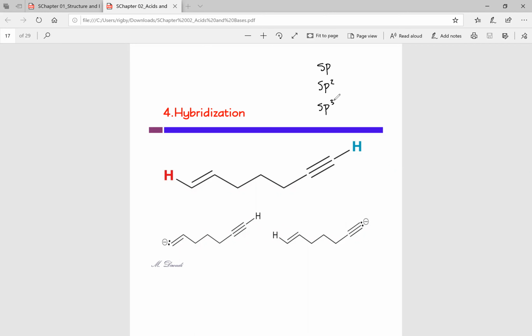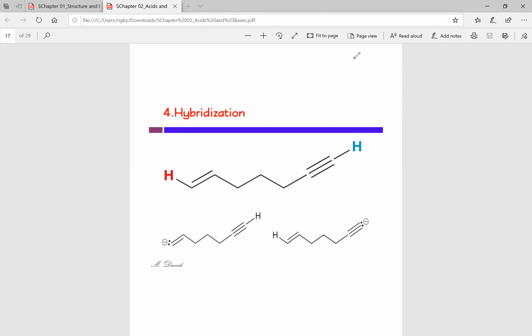And so if we're looking at how much S character there is, we can see that in this first one, sp, we have 1 S over 2 letters total, S and P, which is about 50% S. We can see for sp2, we have 1 S over 3 letters total, so we have about 33% S. And finally, sp3, 1 S over 4 letters, we have 25% S. We can see here that sp has the highest S character, so it's going to correspond with the most acidic proton.